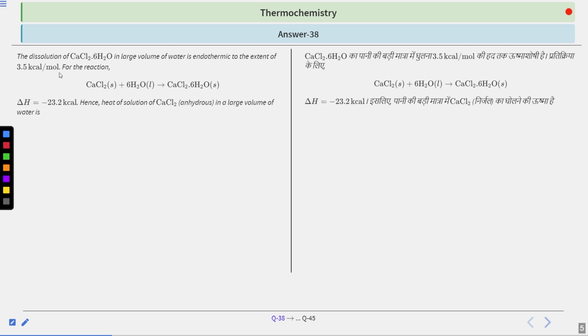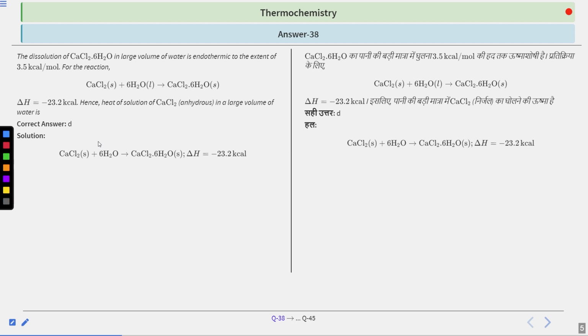Next, for this compound to form, this much energy is required. So you have to find the heat of solution of CaCl2. For those who have solved, the correct answer is D.